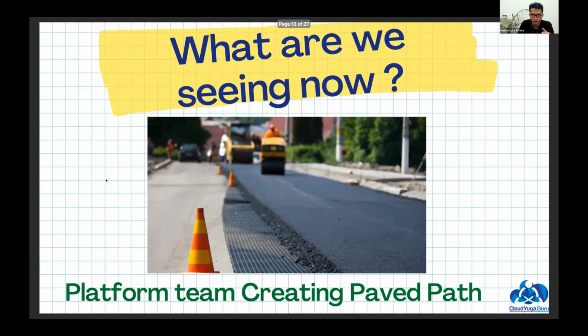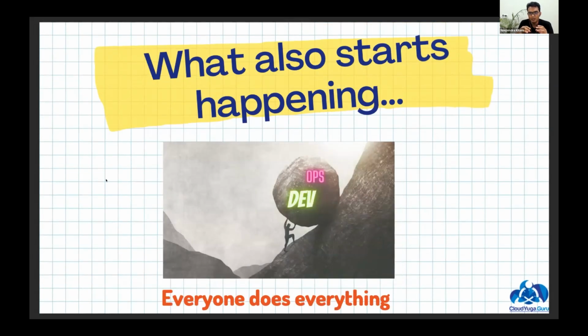If I go back to the previous slide, if the dev is doing everything, things may go wrong in production, because dev is primarily responsible for the code, but if ops is given to them, the dev is not an expert on that, like what security policy you have to apply, making sure that there are no CVEs and so on. So dev may not look that up, and that can be a problem.